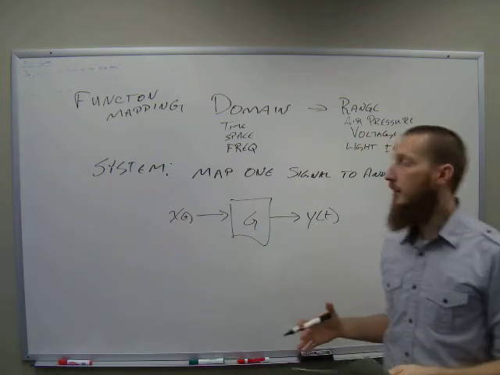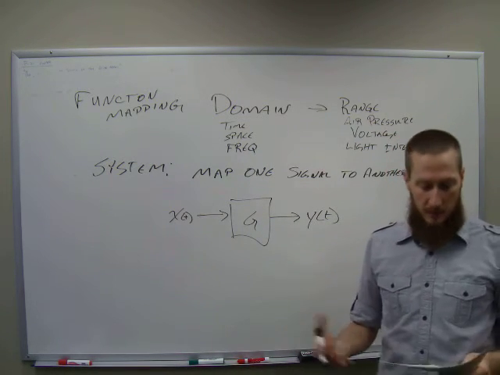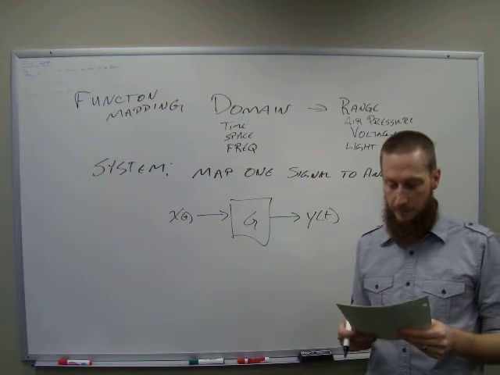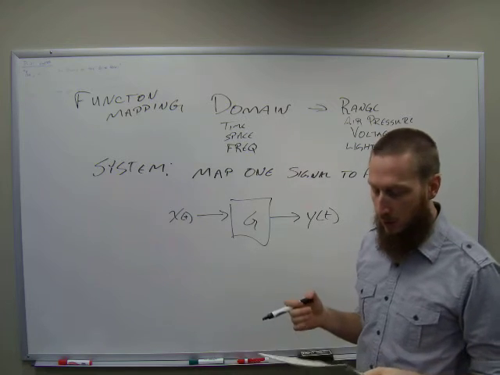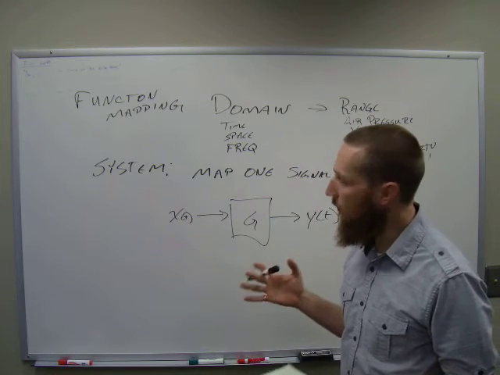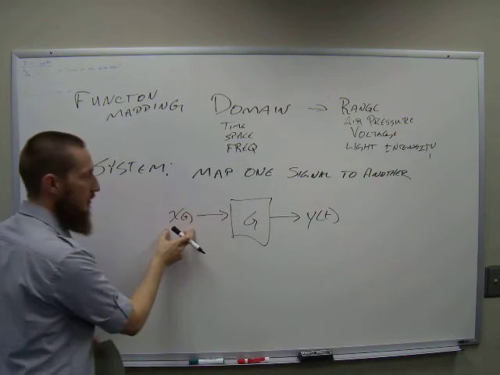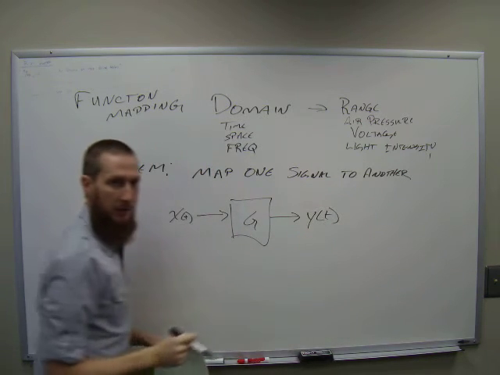For our applications, we're usually working in this class continuous in time, or we could be discrete in time. Meaning, if the input is continuous, usually our output is going to be continuous.